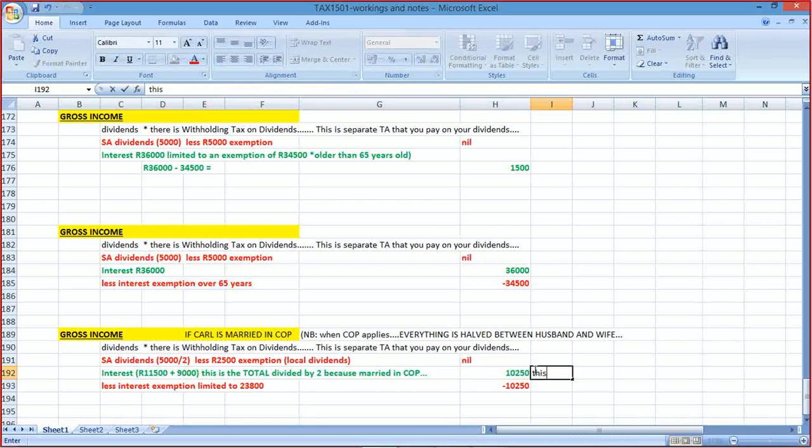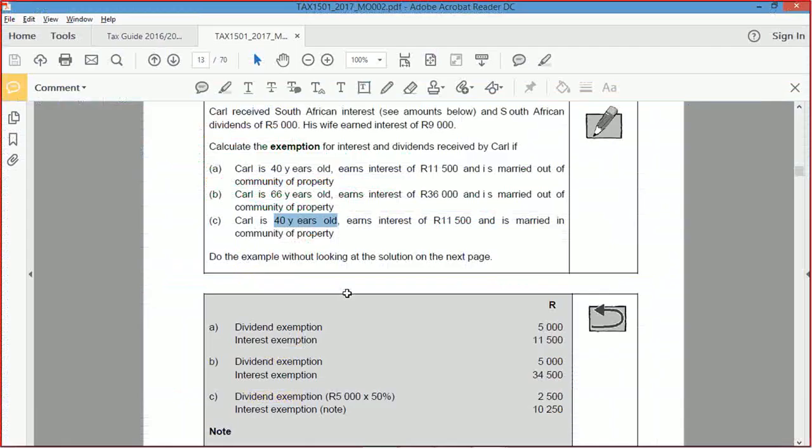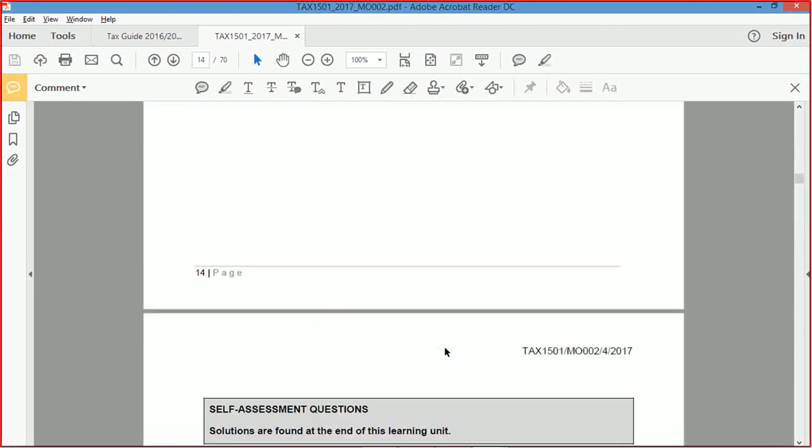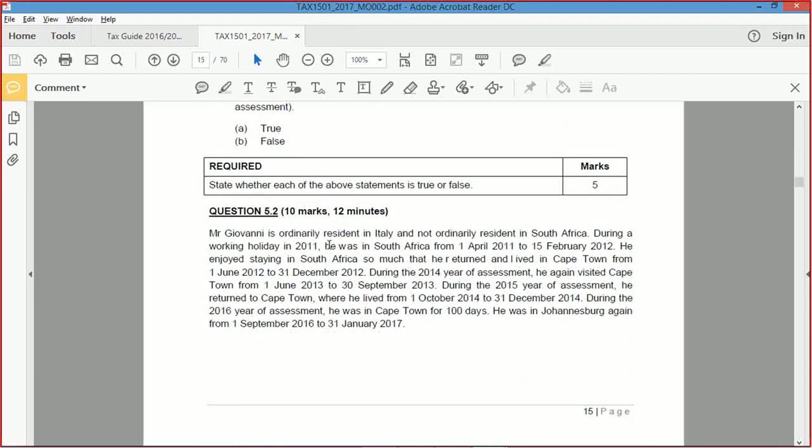As husband and wife, he only earned half of it, so 10,250. Notice you don't claim 23,800. You only claim the exemption against the interest that was included. So this is included, but here it is now exempt. Does that make sense? Yeah, it does. That's how dividends and interest work for individuals.